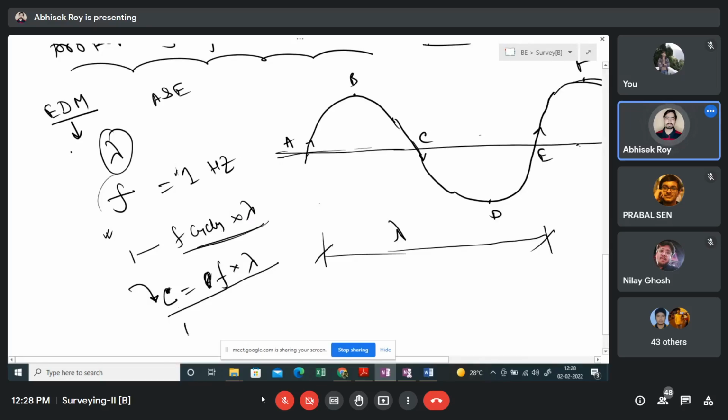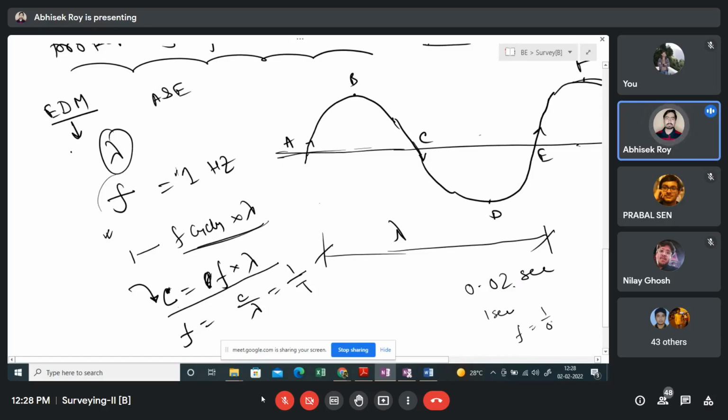Or we can write frequency equals c by lambda, or simply frequency as 1 by T. If the time period, or time taken for completing one cycle, is say 0.02 second, then how many cycles will it complete within 1 second?